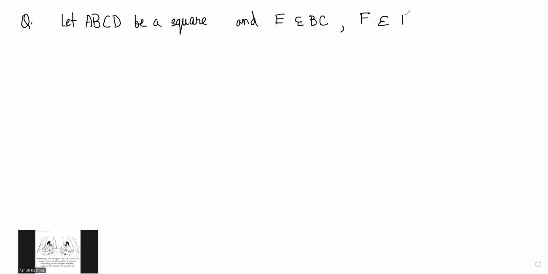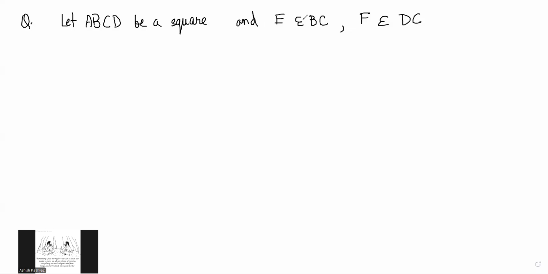Okay, then the next question is this one. Let ABCD be a square and E belongs to BC and F belongs to DC.